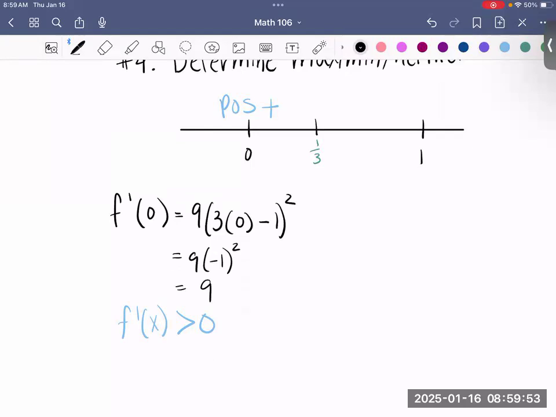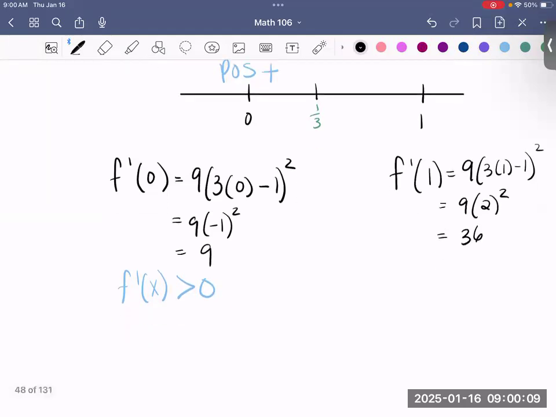And then for our second test, we do the same thing. 9 times, let's see, 2 squared. 2 squared is 4, so 36. And again, it's positive.